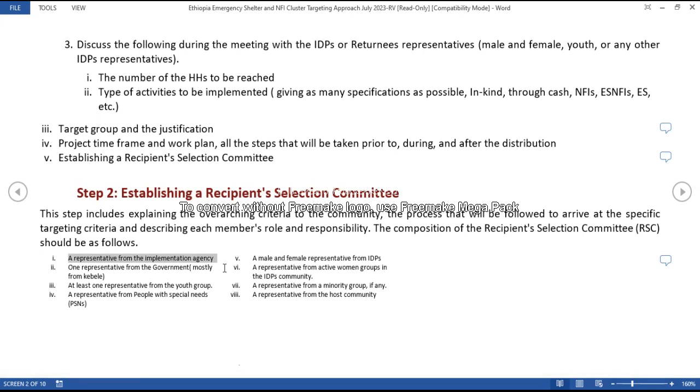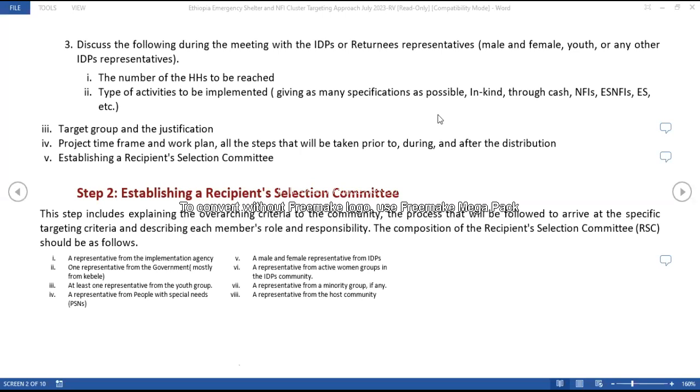As we all know, most of the time we say the beneficiary selection committees are the community members, but that doesn't happen anymore. So in every beneficiary selection committee, at least 2 staff of COOPI have to be present. If there are male and female staff COOPI has for this operation, 1 male and 1 female is recommended.